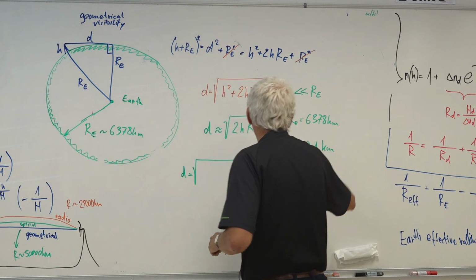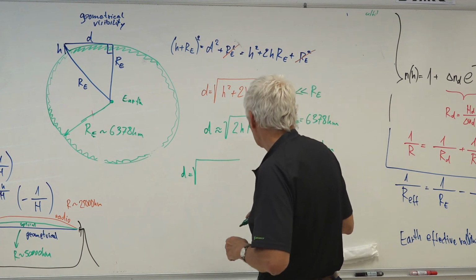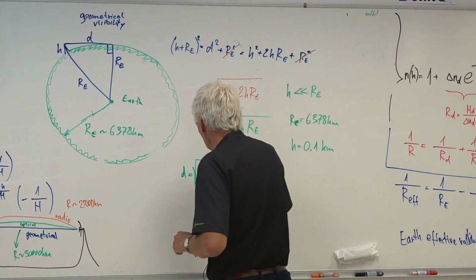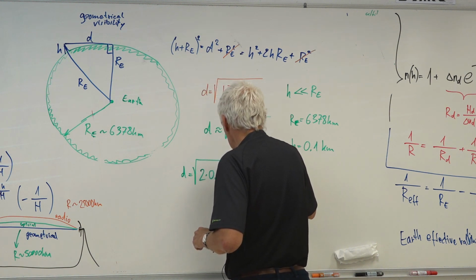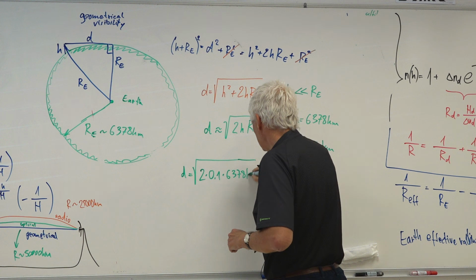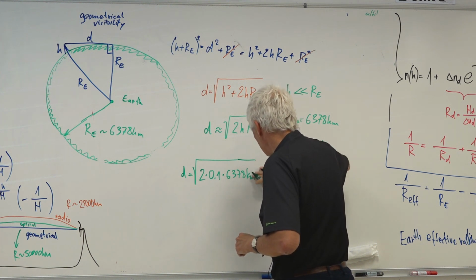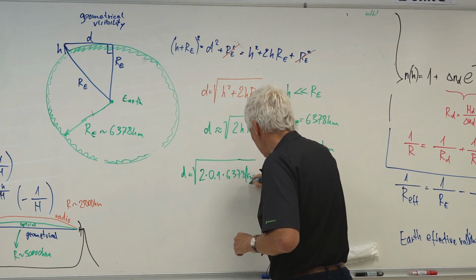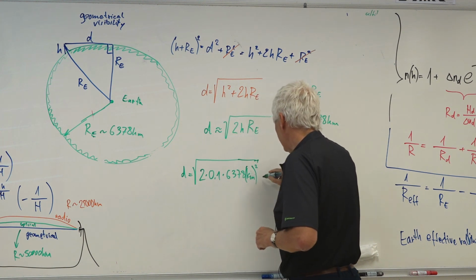The geometrical, should use capital R Earth here. So it's 2 times 0.1 times 6378 kilometers squared. I expressed all quantities in kilometers, so it's kilometers squared.